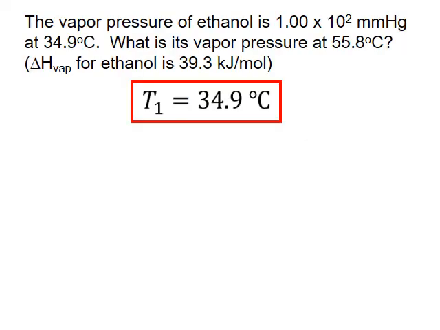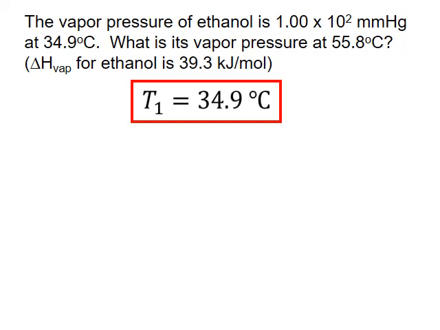Here's an example of a type of problem that requires the use of the two-point form of the Clausius-Clapeyron equation. The vapor pressure of ethanol is 1.00 times 10 to the second millimeters of mercury at 34.9 degrees Celsius. What is its vapor pressure at 55.8 degrees Celsius if the enthalpy of vaporization for ethanol is 39.3 kilojoules per mole?